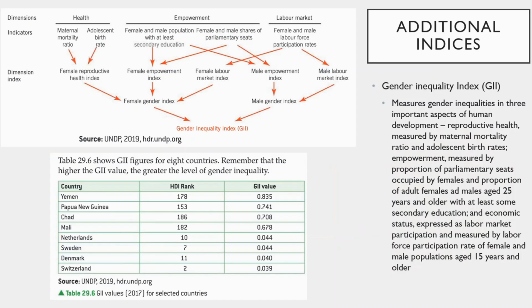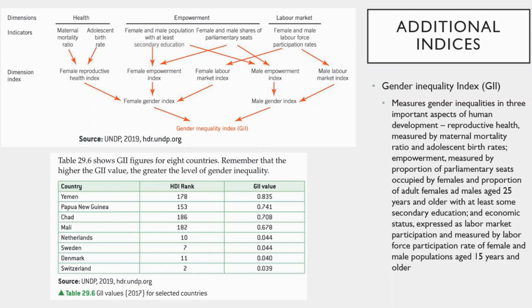Some of the other additional indices are the Gender Inequality Index, the GII, which measures gender inequality in 3 aspects of life: reproductive health, measured by maternal mortality and adolescent birth rates. The second one is empowerment, which is measured by the proportion of parliamentary seats occupied by females, and a proportion of adults and males ages 25 and older with at least some secondary education.